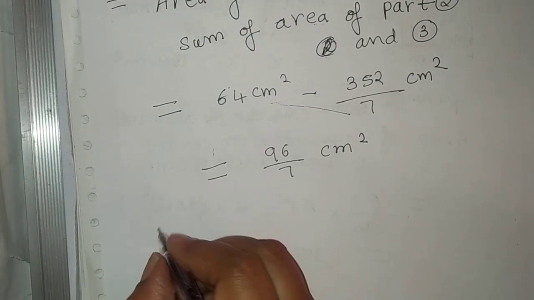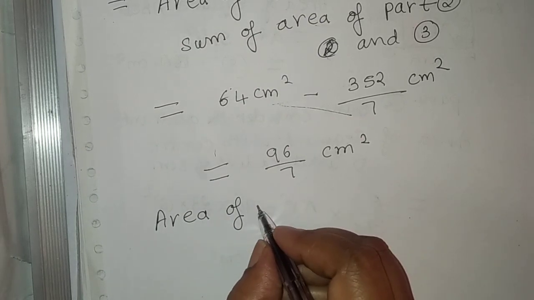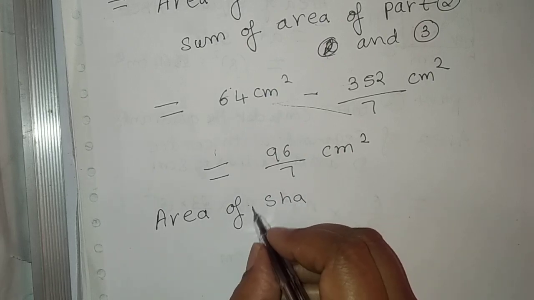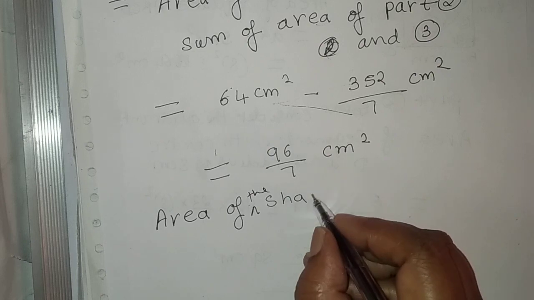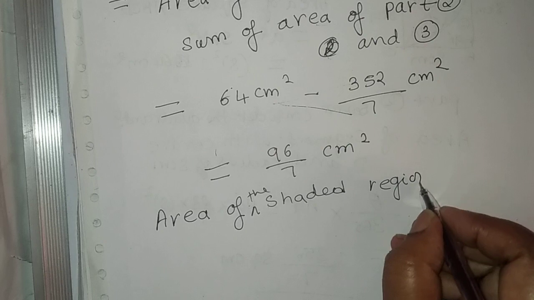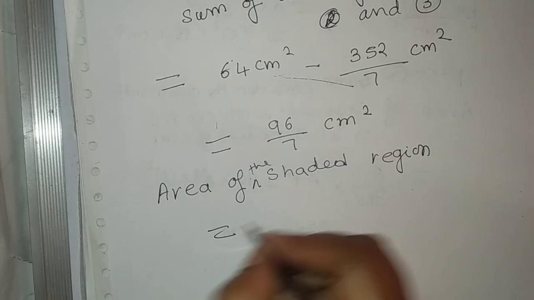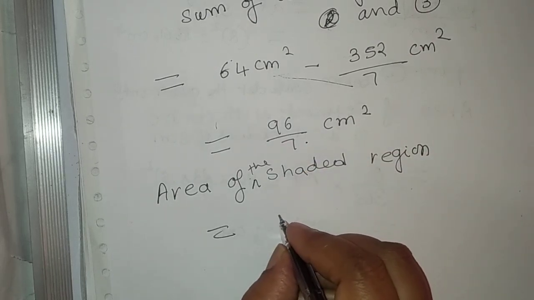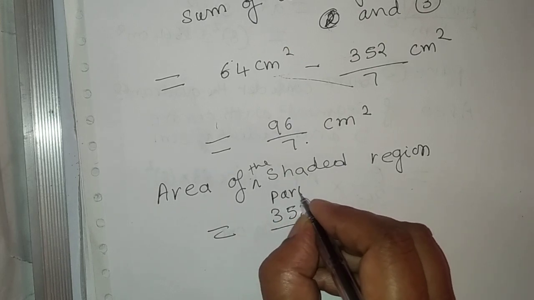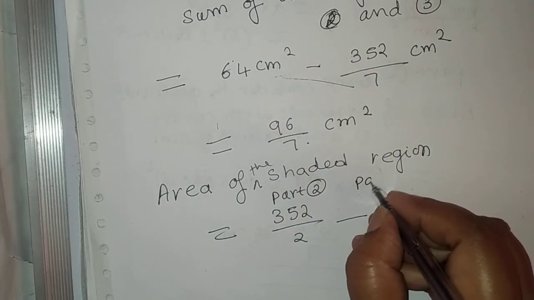Then the last part: now we have to find the area of the shaded region. So we have 352 by 7, that is part 2, minus part 3.